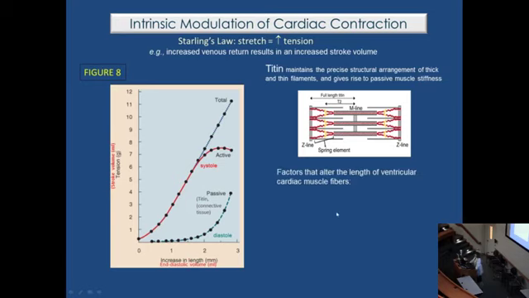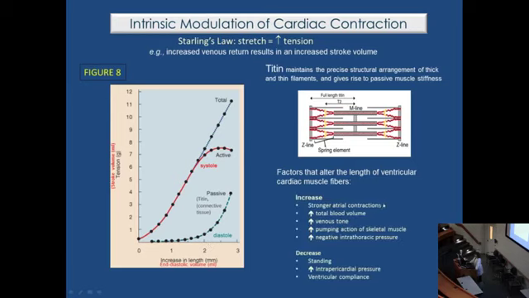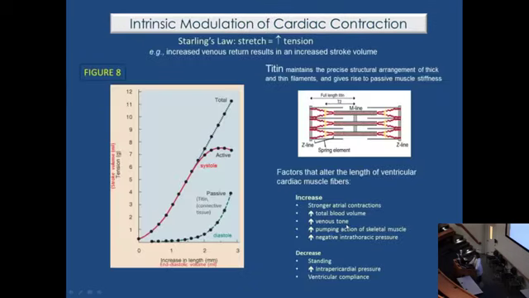I have here some factors that could affect the length of the ventricular muscle: a stronger atrial contraction, an increase in the total blood volume, an increase in the venous tone, even an increase in the pumping action of the skeletal muscle.